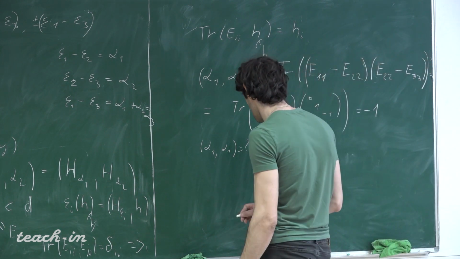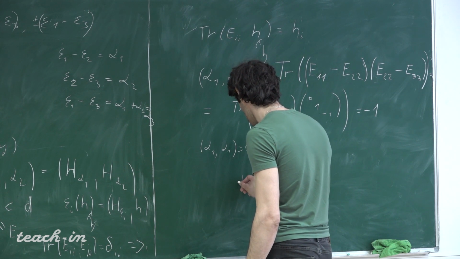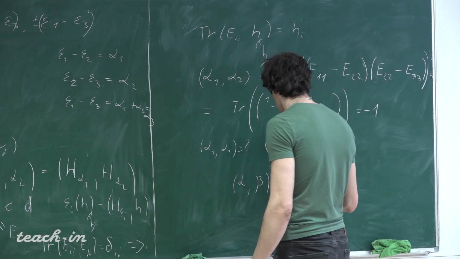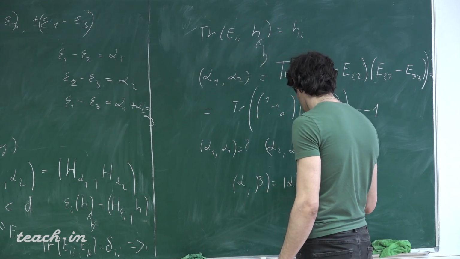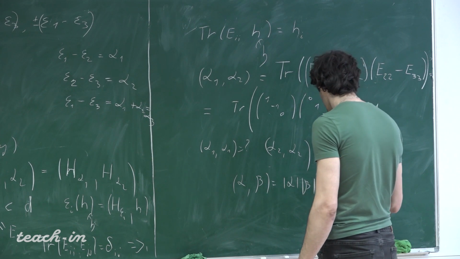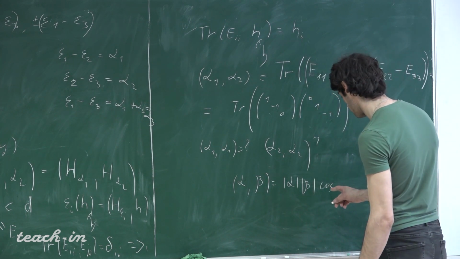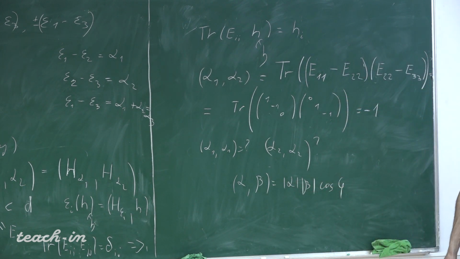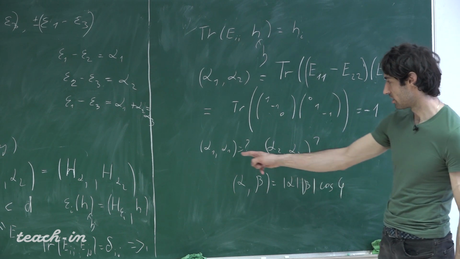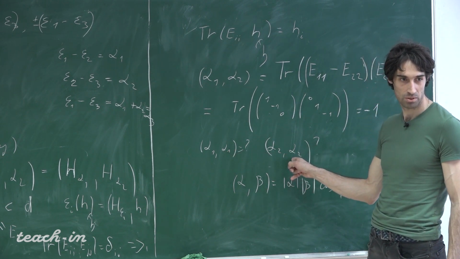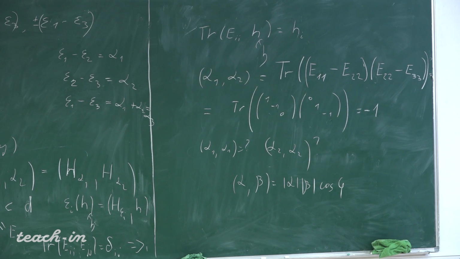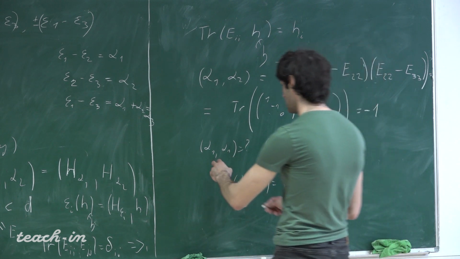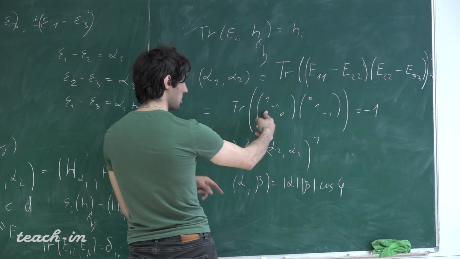Because the scalar product of alpha and beta is the norm of alpha times the norm of beta times cosine of phi, where phi is the angle between them. So I need to divide this by the square root of the product of these two. I have to compute the trace of the square of this.